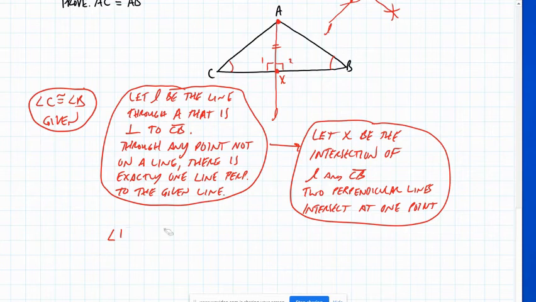Or maybe I'll break that into two things. I'll say the measure of angle 1 equals 90 degrees and the measure of angle 2 equals 90 degrees, and that's the definition of perpendicular.